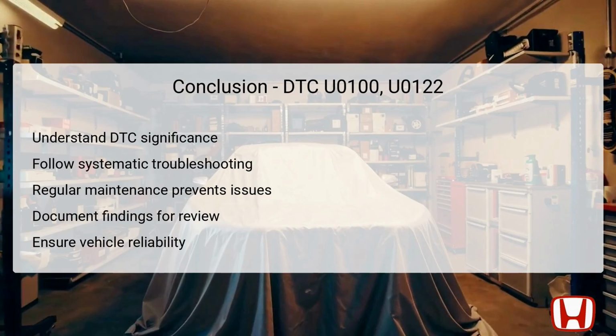Regular maintenance practices, such as inspecting wiring, checking connectors, and ensuring battery health, will go a long way in preventing these trouble codes from reappearing. Thorough documentation of each step taken not only aids in the current diagnosis, but also serves as a valuable resource for future reference. Ultimately, these practices ensure the reliability and safety of the Honda CRV, keeping it in optimal working condition.